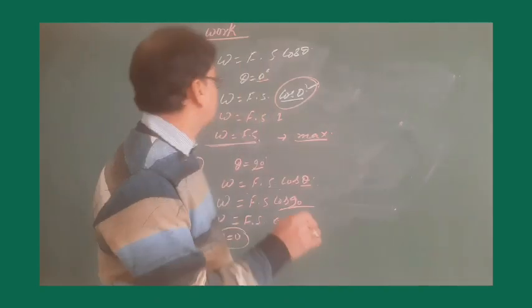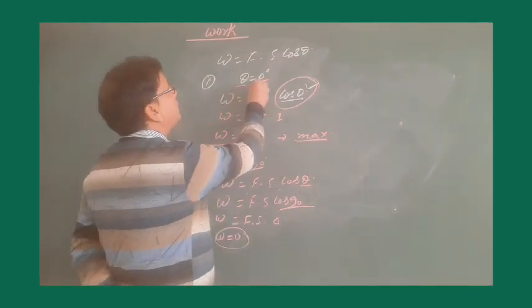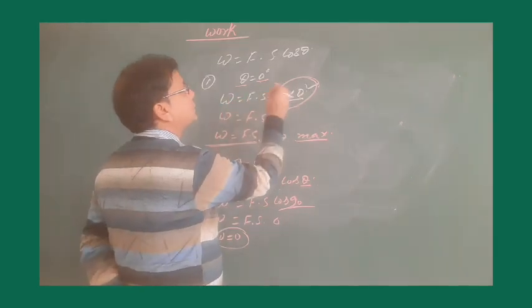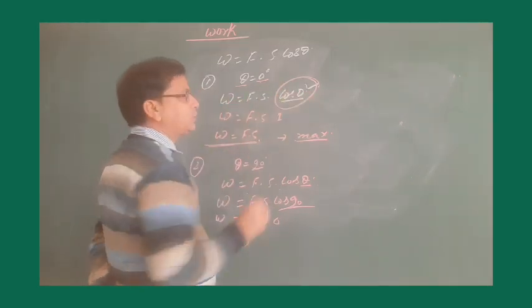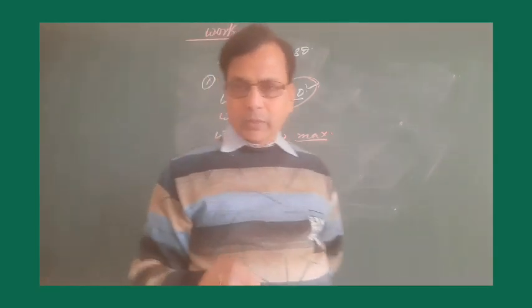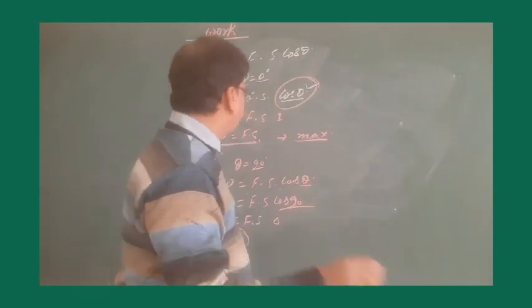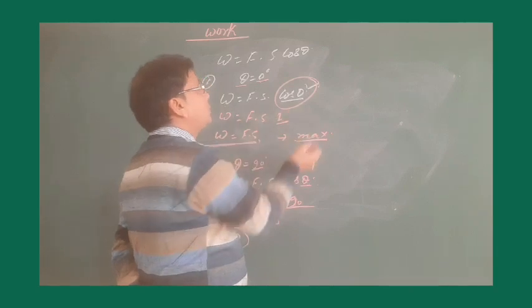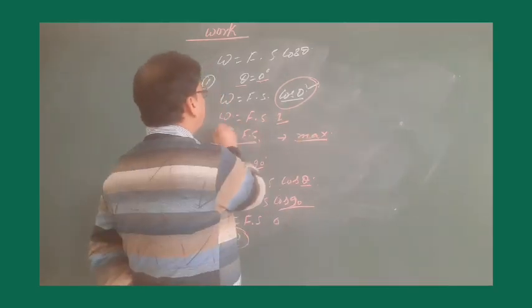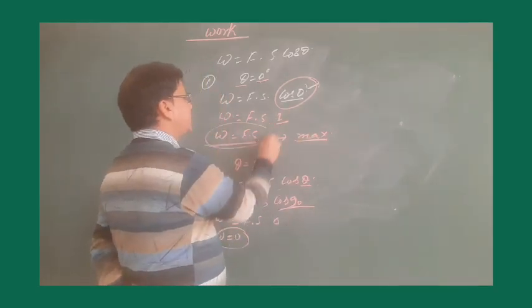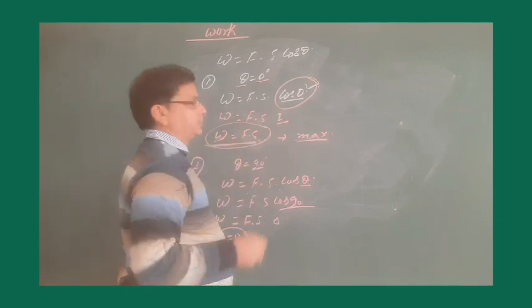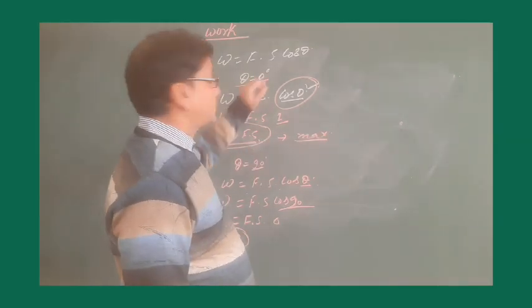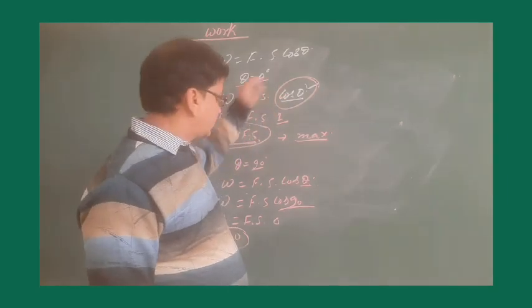So in this case, theta equal to 0, means W equal to F into S cos 0, and we know that the value of cosine of 0 is 1. So put the value of cos 0 equal to 1, then W equal to F into S. In this case, the work done is maximum because the angle between the force and displacement is 0.